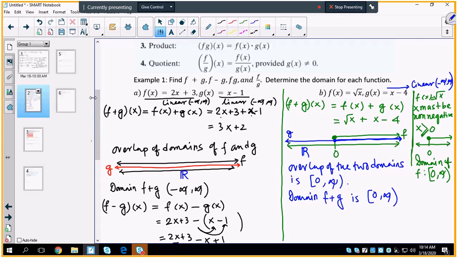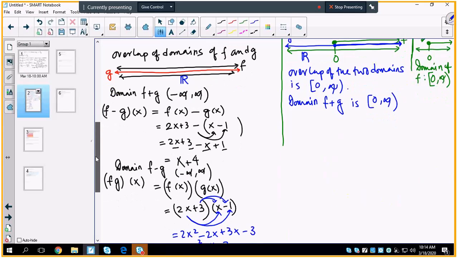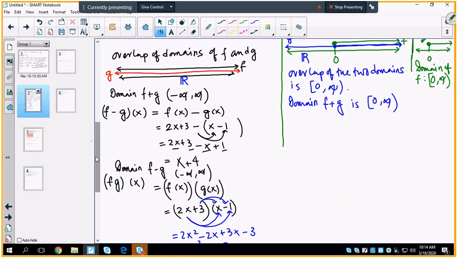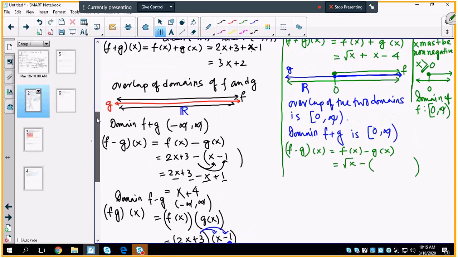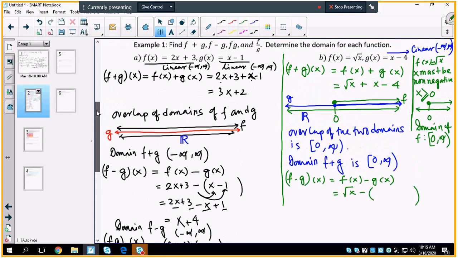Let's work with f minus g, the algebraic form now. f minus g of x, by definition, is f of x minus g of x. f of x is square root of x minus, again, remember what I told you. When you are subtracting a function, put that entire function first inside parentheses so that you don't forget to distribute.